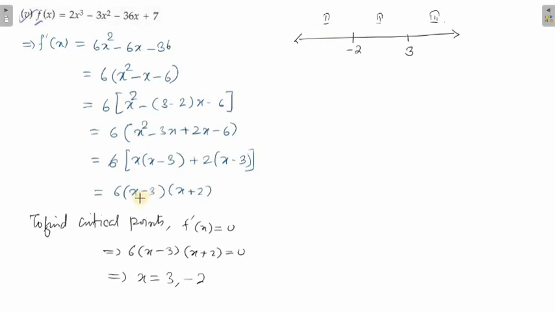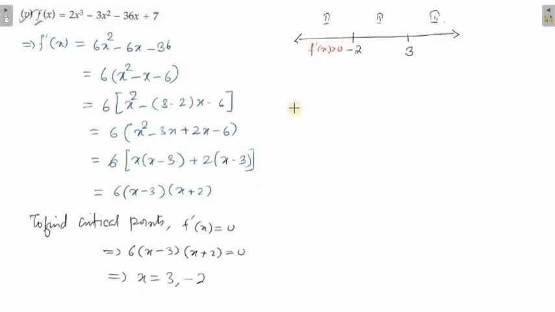What do you get out here? It becomes -6, and this becomes -1, isn't it? So -6 and -1, both negative. When you multiply, you get positive. So that means f dash of x is positive in region number 1. I hope this is clear to you.